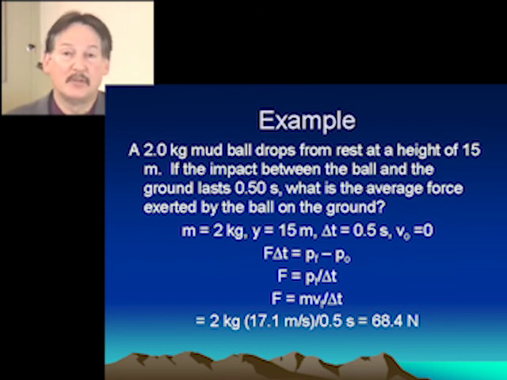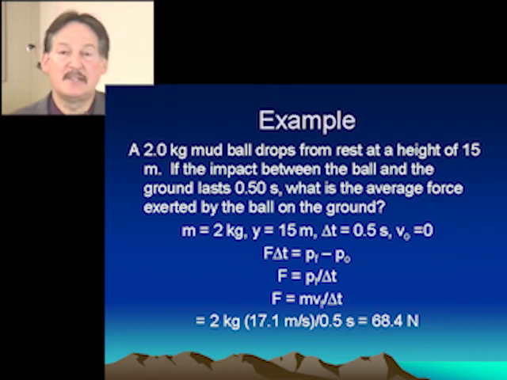Now, let's bear in mind that what's going on here is that this force is being applied against the object's velocity. It's decelerating this object, so it comes to a stop in half a second, because our conditions were that the object came to rest, it had a maximum velocity just prior to striking the ground, which we obtained by analyzing the free fall of this object.